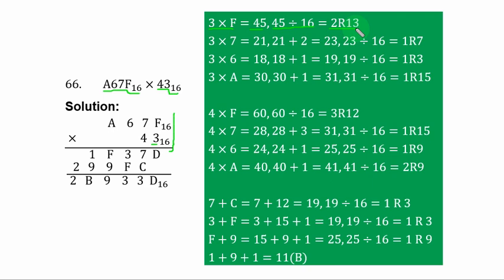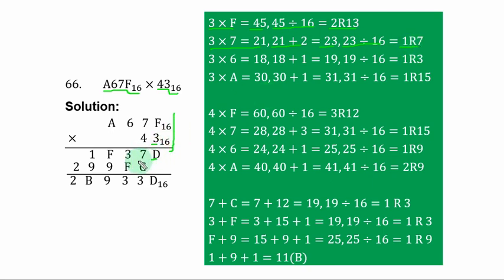In base 16, 13 is equivalent to D. So you write down D, not 13, and you take 2 forward. You have 3 times 7 is 21, plus the 2 you carried forward, you have 23. Divide it by 16, you have 1 remainder 7.